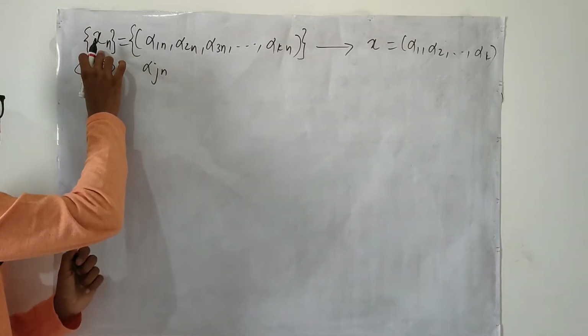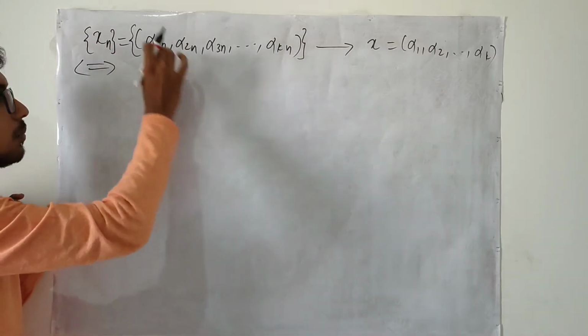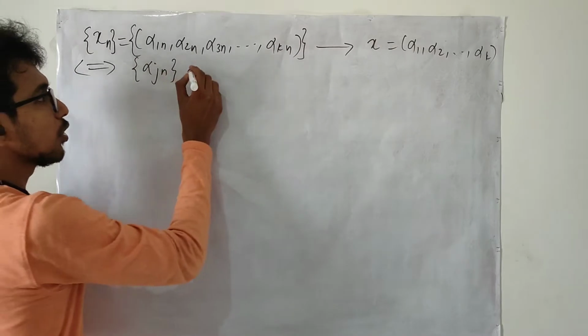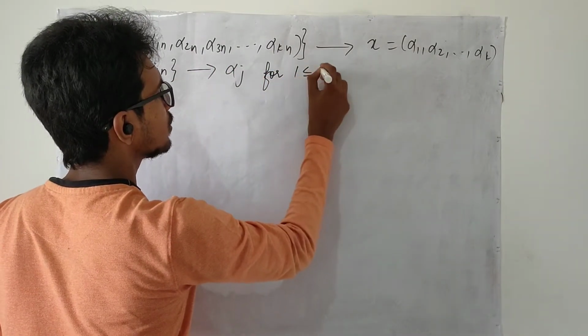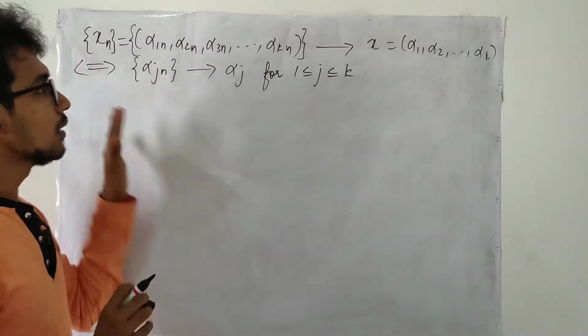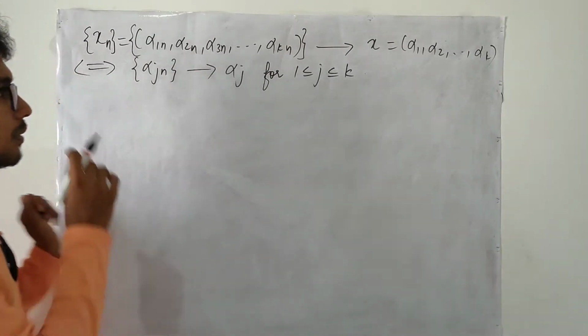Each entry in the sequence is of the form k-tuple. From that k-tuple, take only the first entries and form a sequence. This is going to converge to alpha j, and this is true for all j between 1 and k, right? This is what we need to prove in this theorem, right?